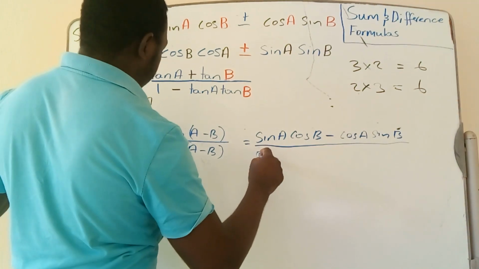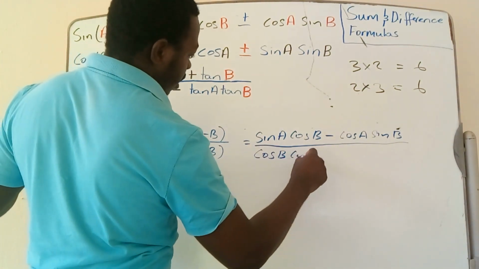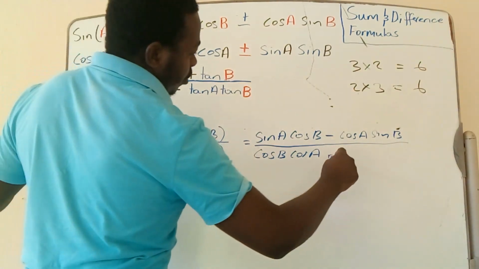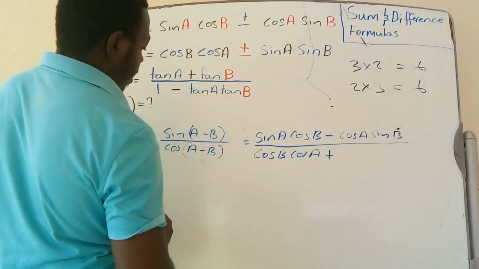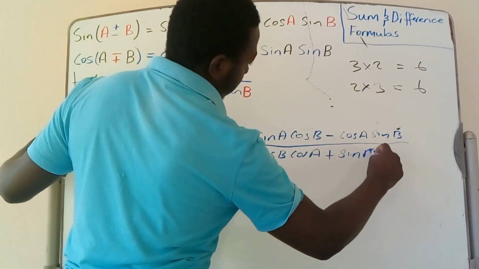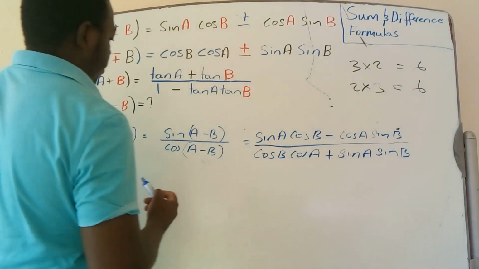So this is equal to cos of B cos of A, because it's minus, it's going to take a plus sign, and then sine of A sine of B.